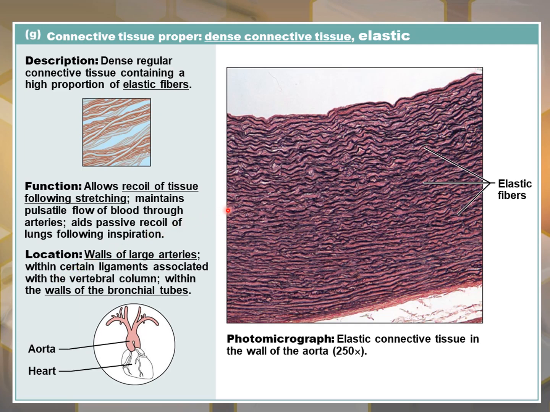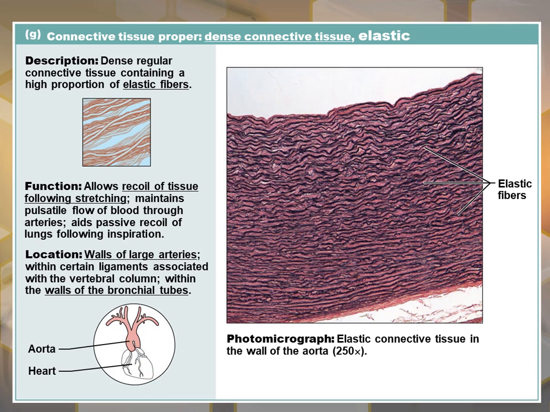So now our last type of dense connective tissue is elastic connective tissue. And we have a bunch of elastic fibers. So again, they're all in parallel, just like our dense regular connective tissue, but we throw in all these elastic fibers. And these elastic fibers are able to recoil after stretching. So we find this tissue type in the walls of large arteries, such as your aorta, right?